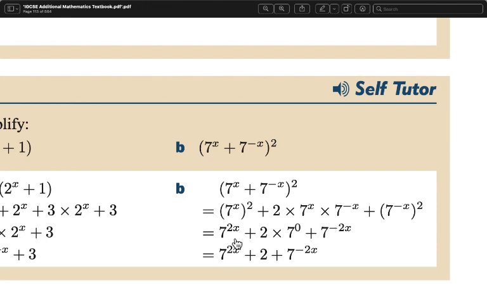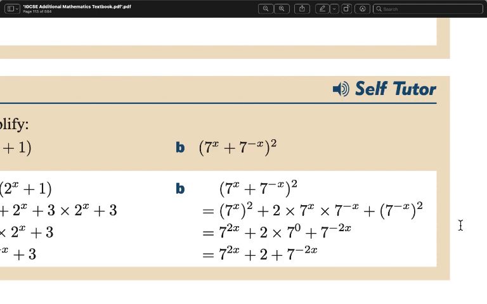So the a squared term is going to be 7 to the power of 2x. For b, 7 to the power of negative x will be squared as well, and undergo multiplication for the power, and b squared will equal 7 to the power of negative 2x.